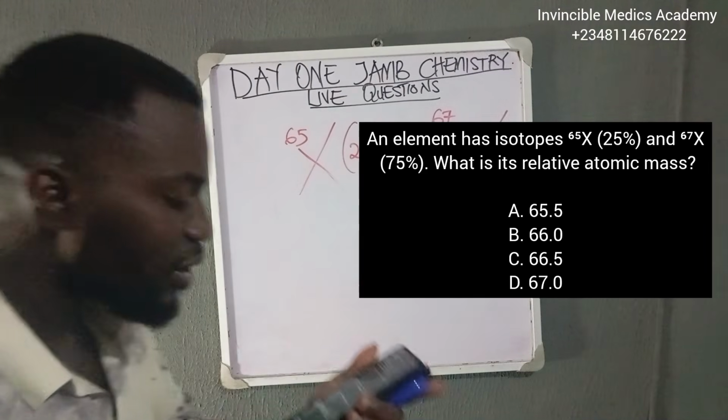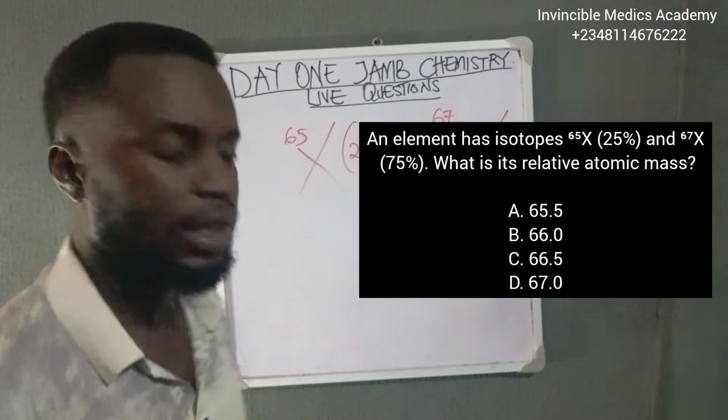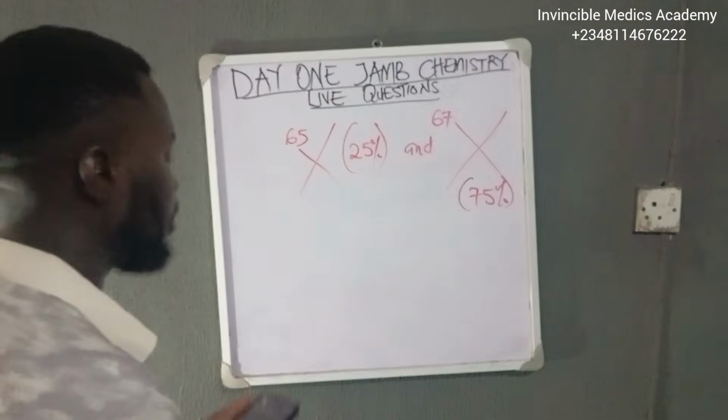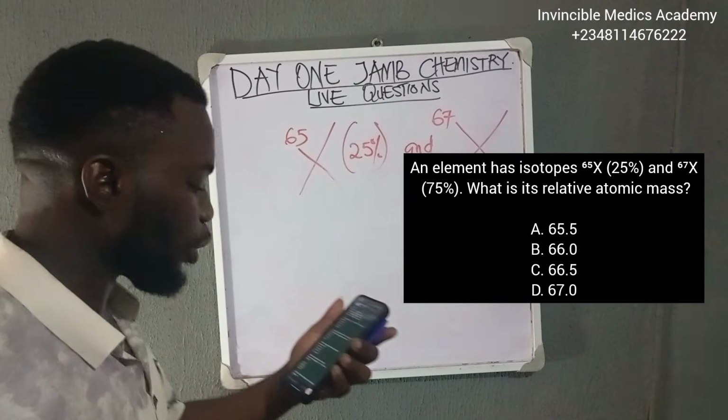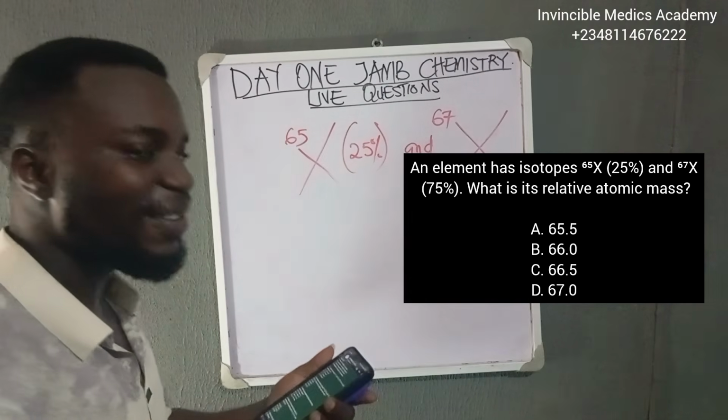The question says, what is its relative atomic mass? Option A 65.5, option B 66, option C 66.5, option D 67.0.